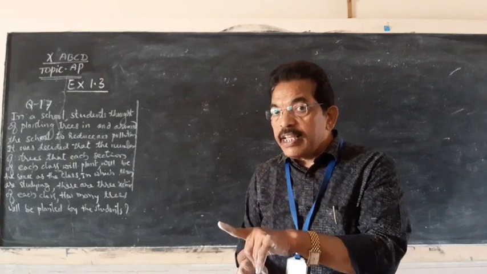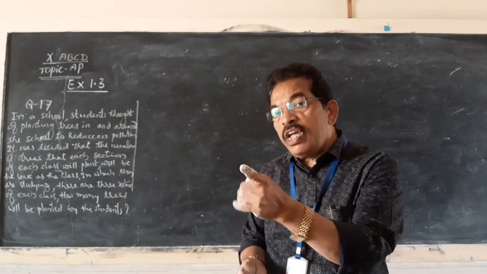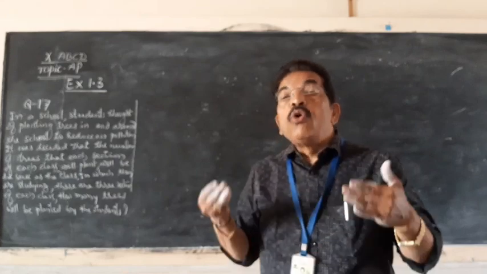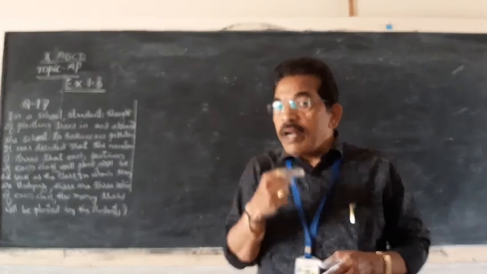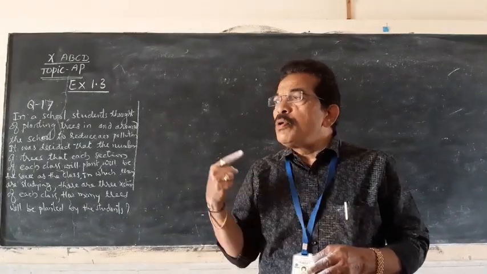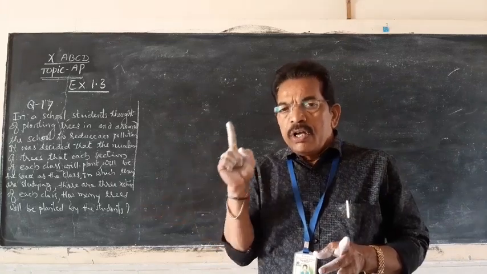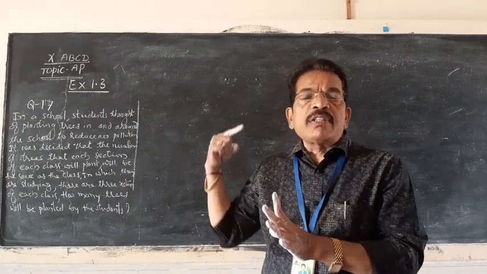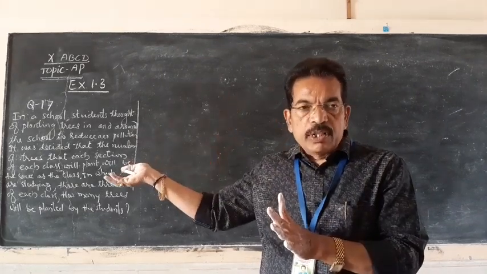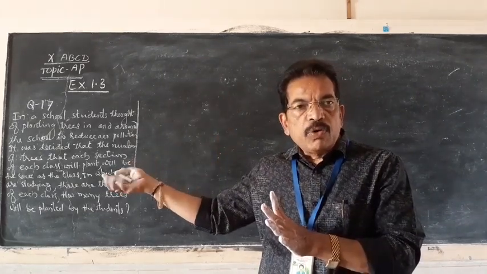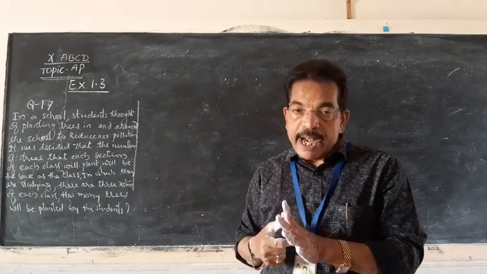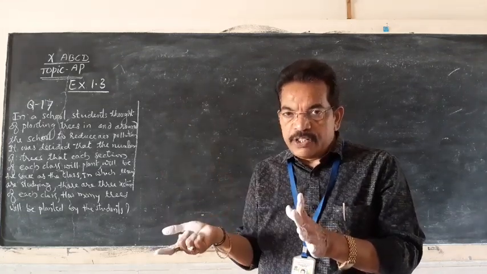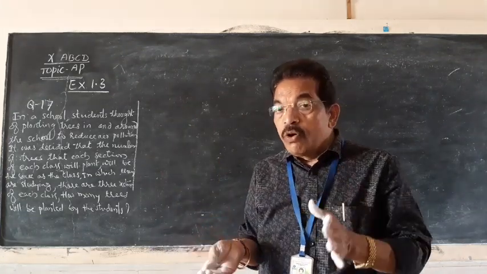There are 3 sections, so 3 into 3, 9. So totally there are 12 classes, up to PU second. So 12 into 3, 36 trees the 12th class students will have to plant.